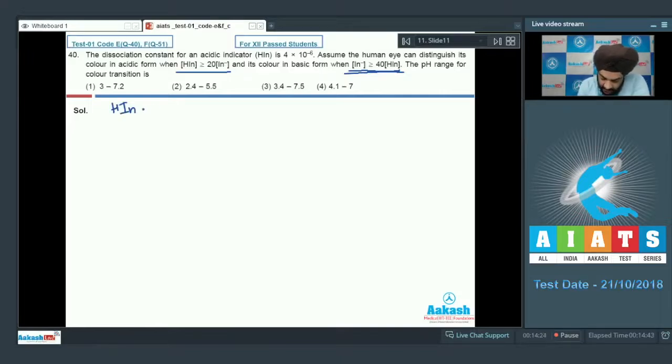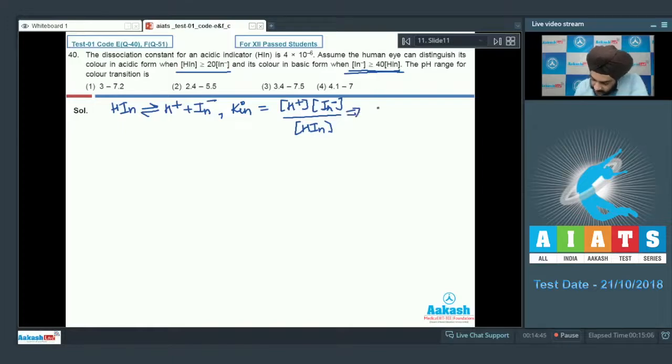So HIN is in equilibrium with H plus and IN minus. The K indicator can be written as equal to concentration of H plus into concentration of IN minus upon concentration of HIN, which can be rearranged to be written as concentration of IN minus upon concentration of HIN is equal to Kn upon the concentration of H plus.